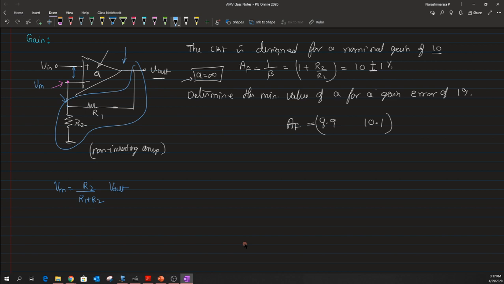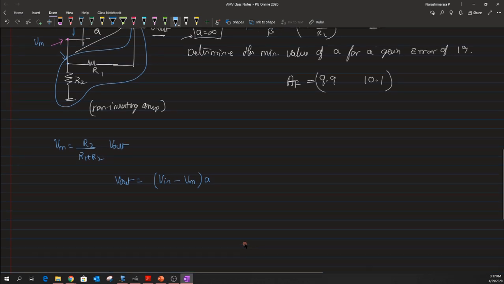So one could express the value of this V out as the difference between Vin and Vm multiplied by the gain of this op amp, and that provides us the value of V out. Now we will plug in the value of this Vm and shuffle some of the expressions from the right towards the left side.